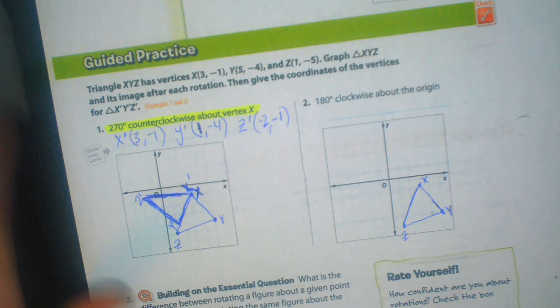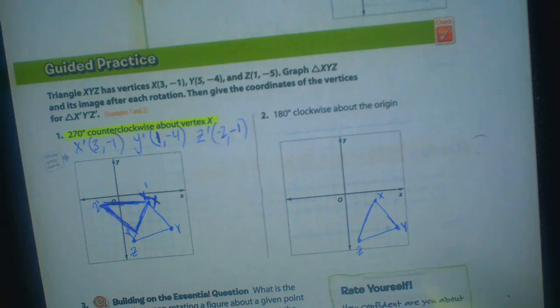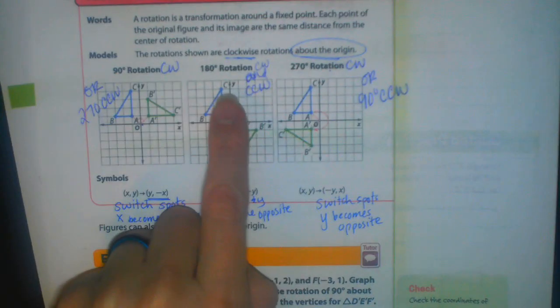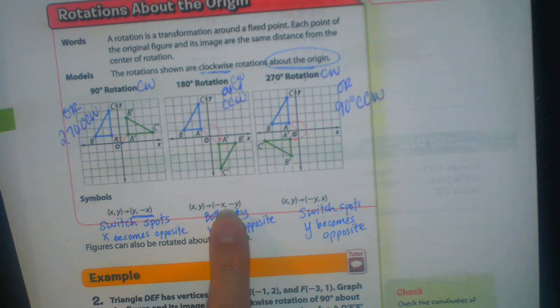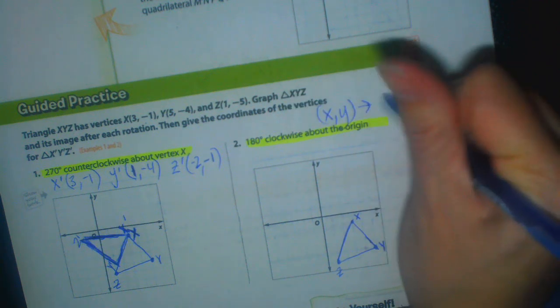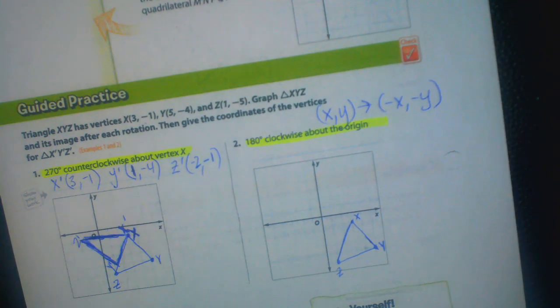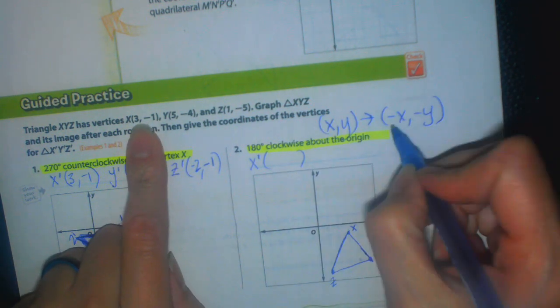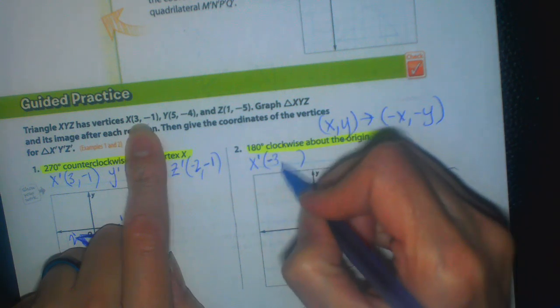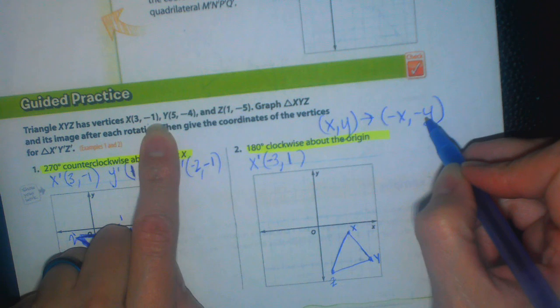Okay. Well, like I said, those are a little bit harder to do than going about the origin. So here, we're going about the origin. So remember our rules about the origin. 180-degree clockwise gives us -x and -y. Okay. So our X prime needs to turn negative. So 3 becomes -3, -1 becomes +1 because that's the opposite.